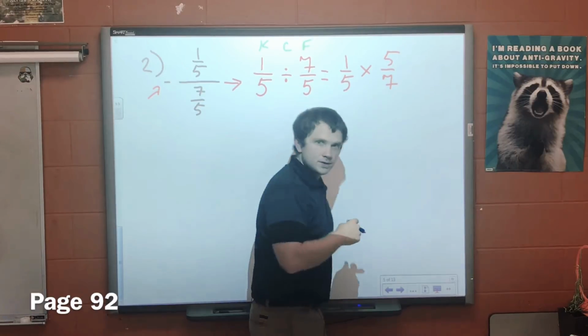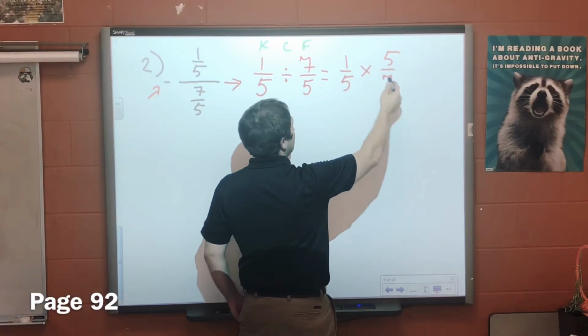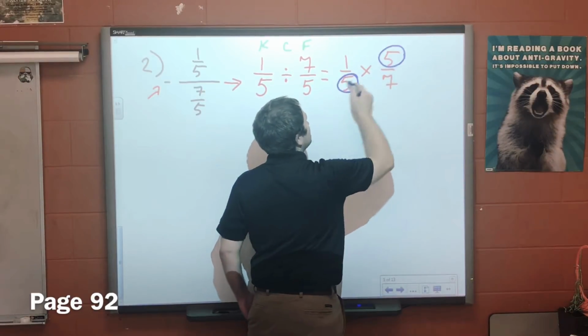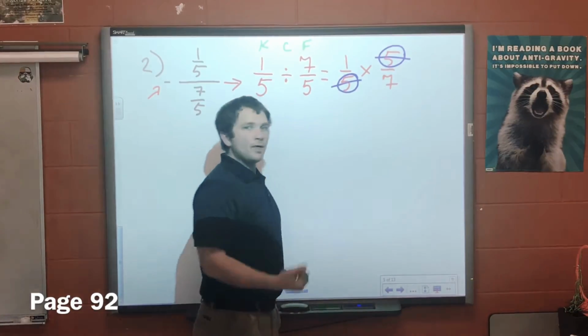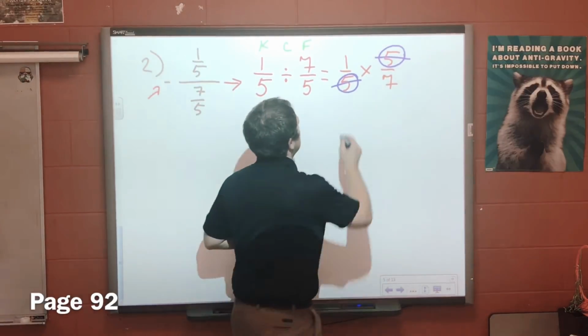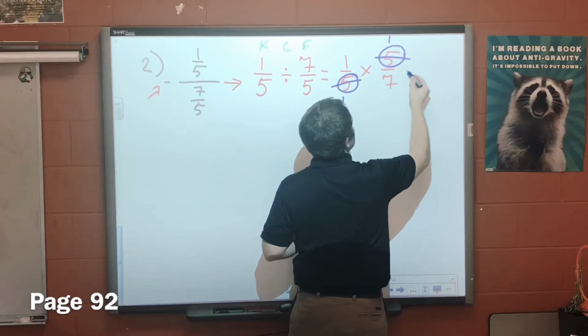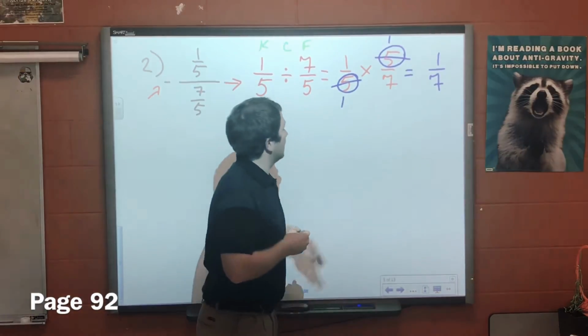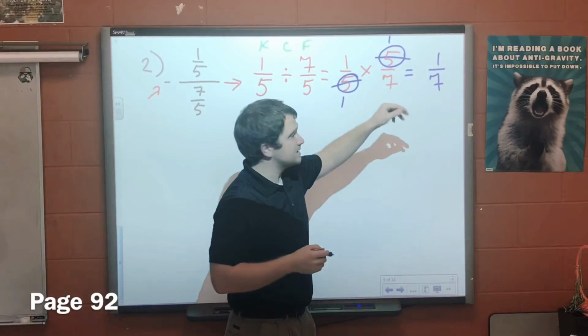We look diagonally. 1 and 7, can't do anything with those. But our 5s, guys, we can simplify those. Both have a greatest common factor of, wait for it, 5 itself. So they become 1s, getting us a 1/7. 1 times 1 is 1, 1 times 7 is 7.